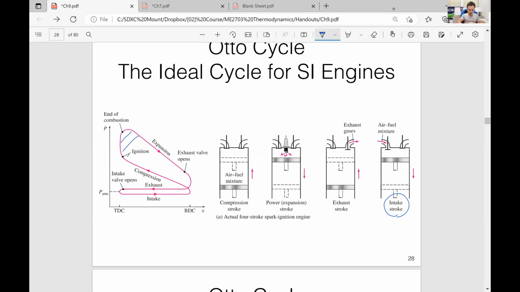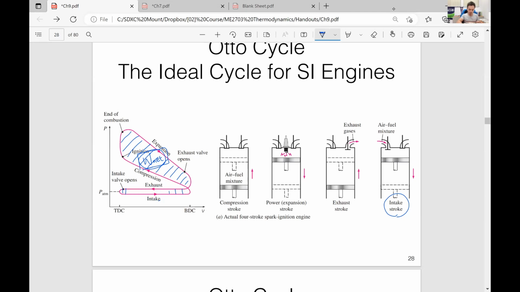First, we know the area enclosed by these process curves represents the net work, right? In this case, it is the net work output. As you can see, you have one net work and you have another net work. However, if you compare these two, you can imagine this one is relatively small when compared with this big one.